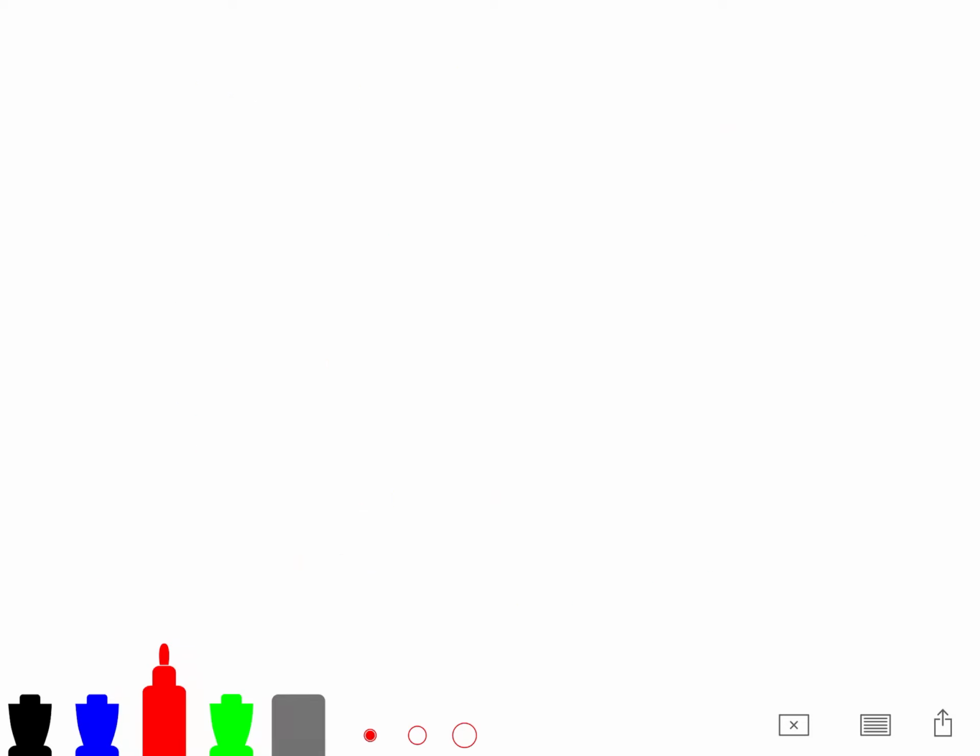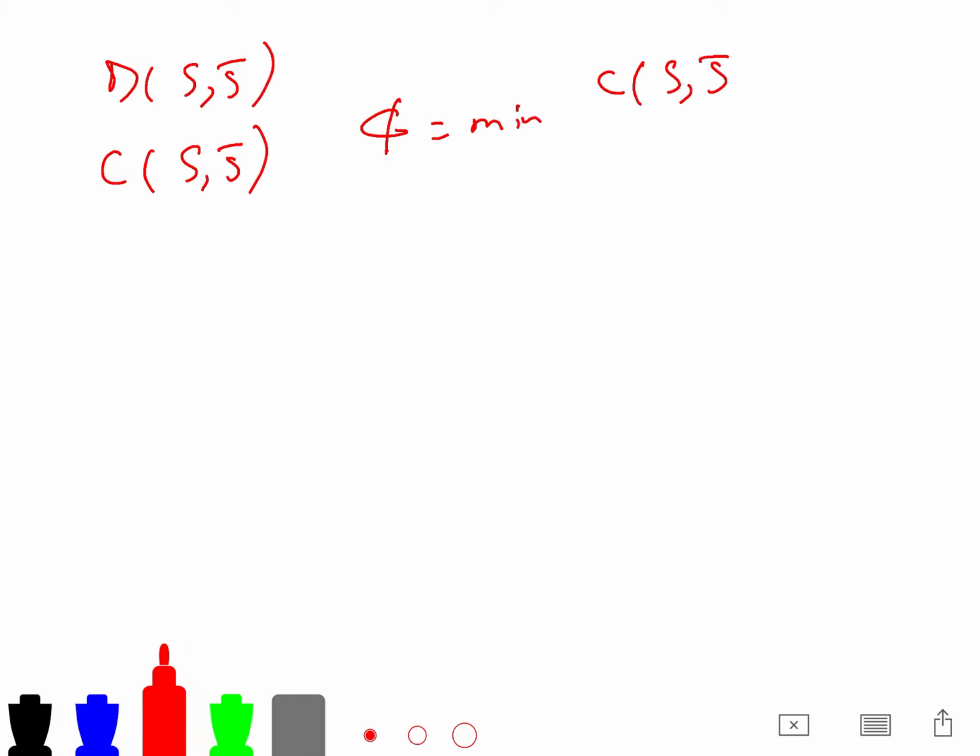So for the generalized sparsest cut, you have k sources and sinks, Si and Ti. When we say D of S and S bar, it means the net demand going from terminals in S to those outside S. And when we say C of S and S bar, it means the total capacity of edges exiting S. So now we can define your phi, which is the minimum of C of S and S bar over the demands, for any S that is a subset of your vertex set.